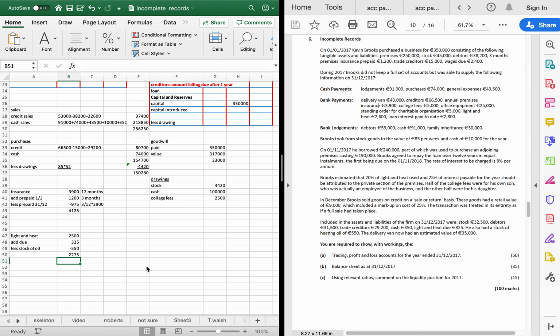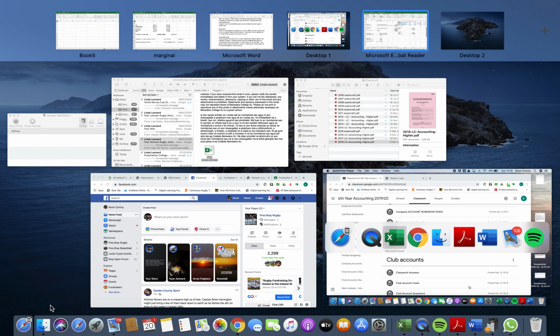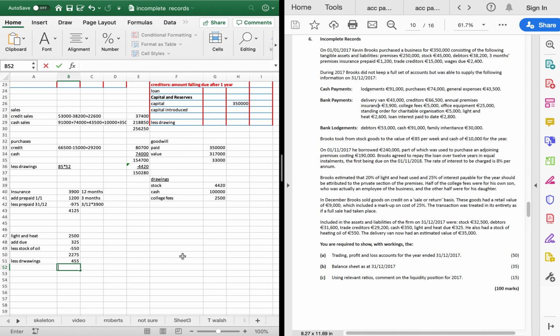Okay, 2275. Now, if there's no drawings, that's the number that goes in. But there's pretty much always drawings on light and heat used. So it tells us 20% of it is for the private section of the business. So that's 20% of 2275. I'm wrong there. So it was 2,600 to start off with.